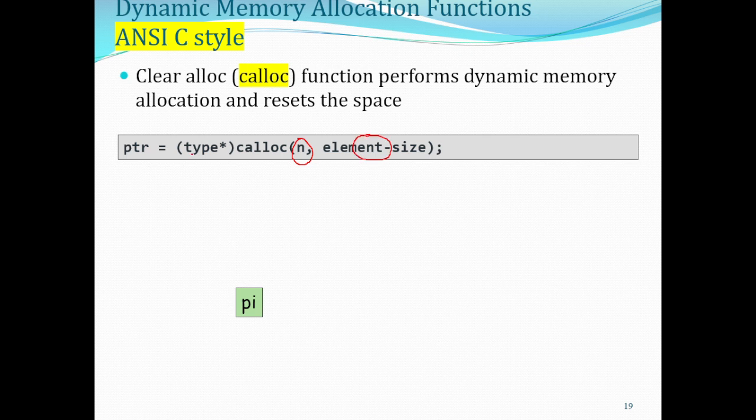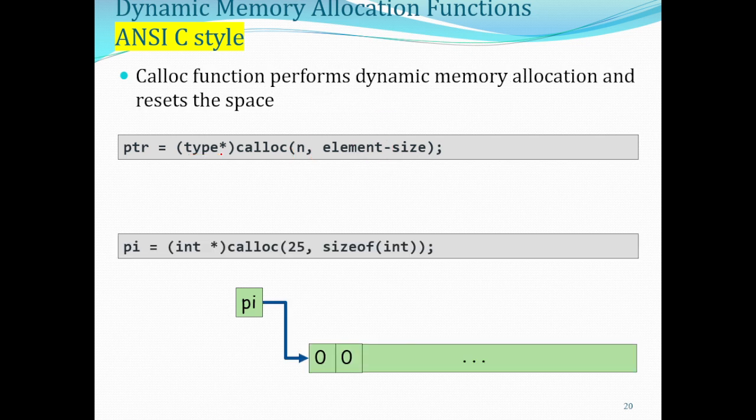And it's returning an address for me. So it works like this. I'm asking for 25 integers from the heap, and this is the integer size. Usually it's 4.